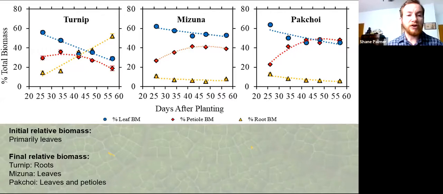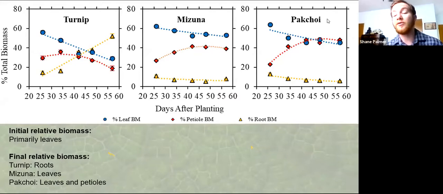What's interesting in turnip is that the roots clearly take over time, eventually comprising a little over 50% of the total biomass, which is not what you see in either mizuna or pak choi. In mizuna, the leaves remain the primary biomass for the whole time, even though petioles are slowly increasing, not as much as the petioles increase in the pak choi.